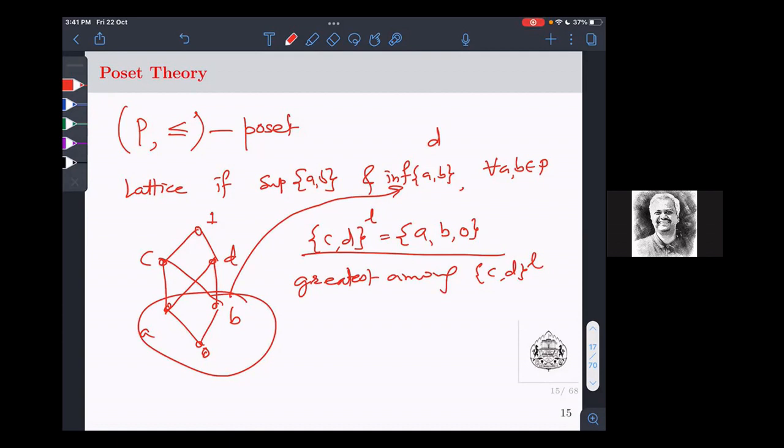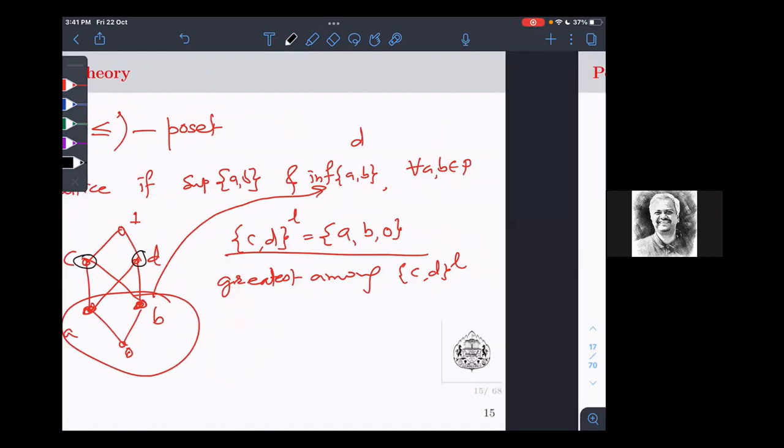Because its upper cone will consist of two elements, namely C and D. Okay, but again they are incomparable. They are not comparable, and that's why it's not a lattice. So supremum is not there, infimum is not there, and therefore it's not a lattice. It's a poset only, partially ordered set. So these are few things which we already observed.